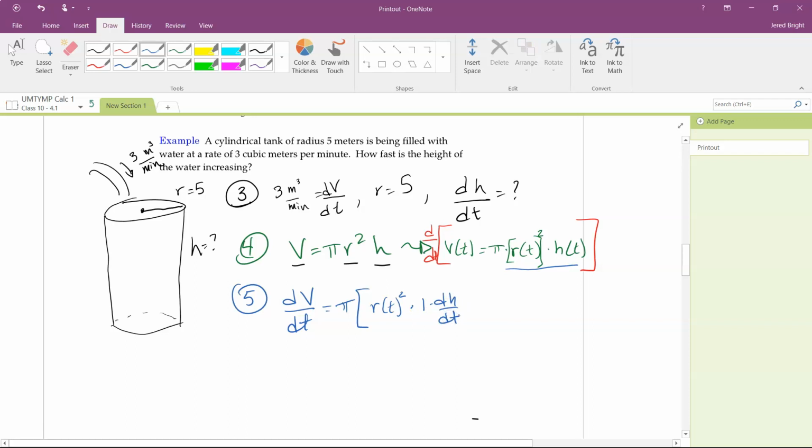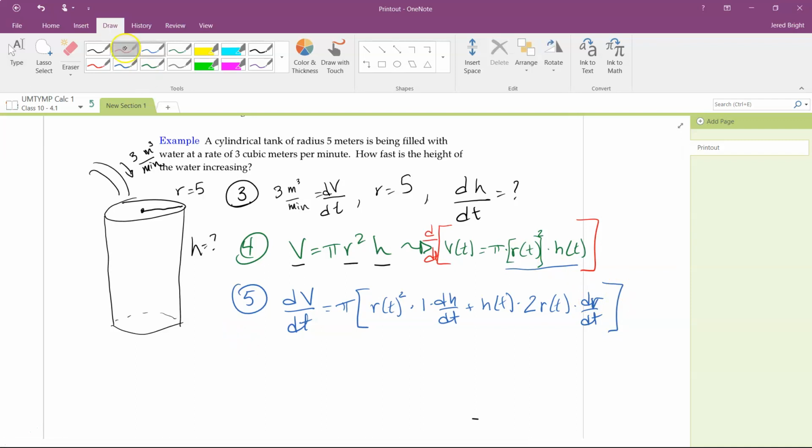Okay, and then plus 2h of t times 2r of t times dr/dt. Okay, using the power rule and remembering we have implicit differentiation.